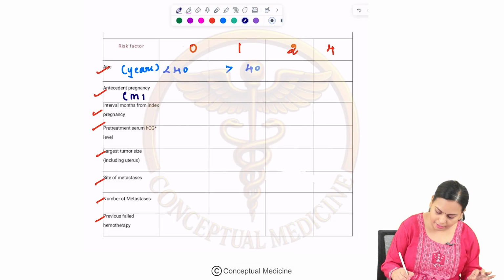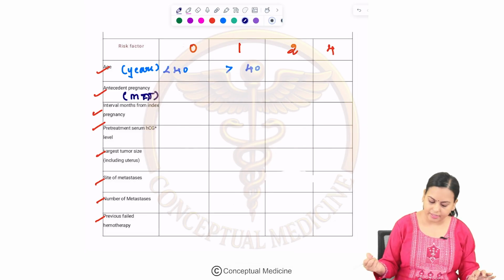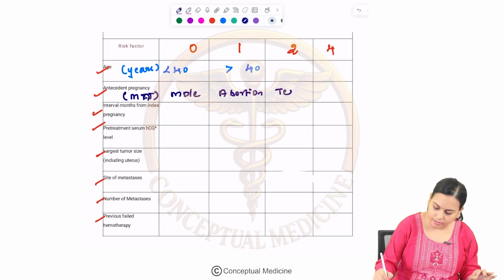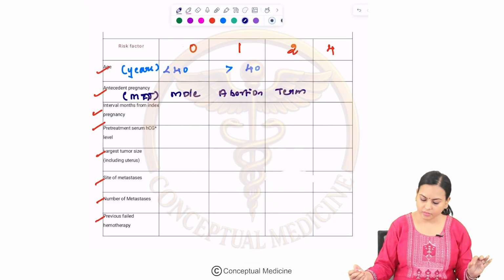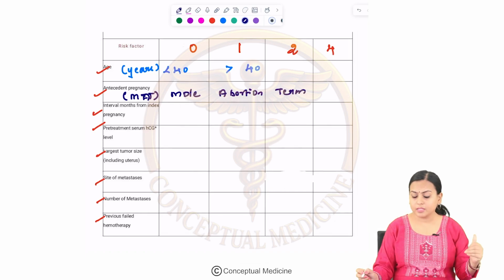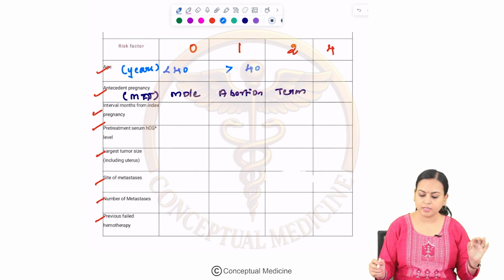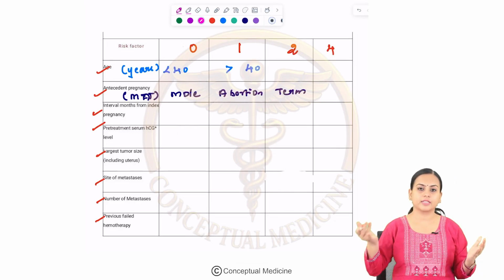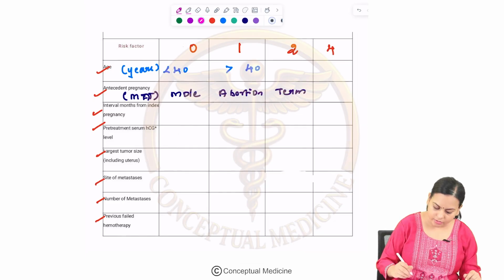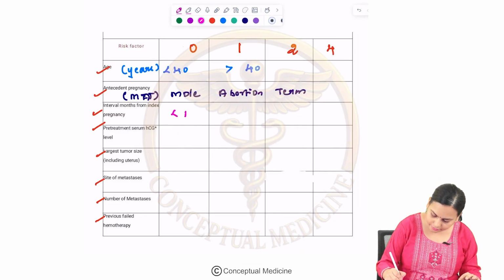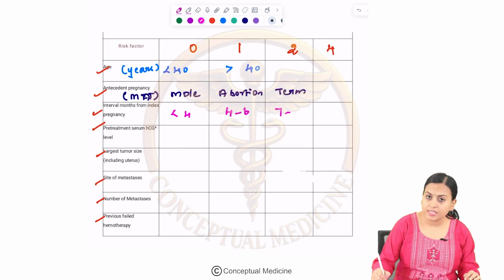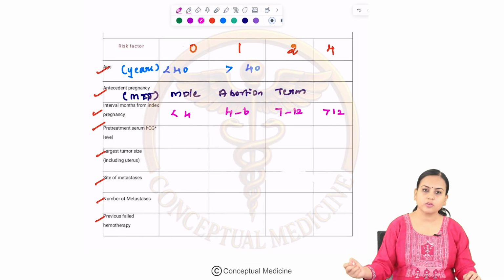Keep in mind MAT: mole, abortion, and then term. Clear? Right. Then interval months from pregnancy means how many months after the pregnancy the changes started happening. It will include less than 4 months, 4 to 6 months, 7 to 12 months, and more than 12 months.